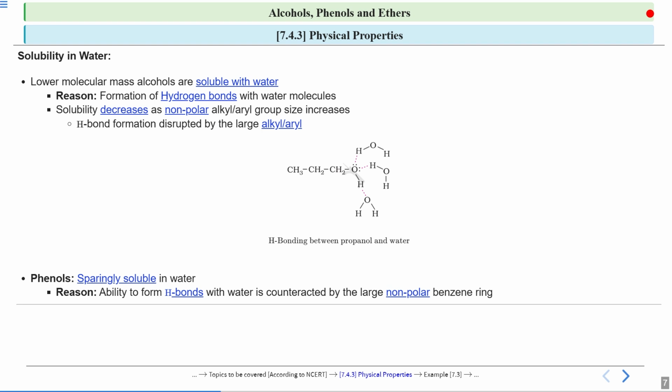But in phenols you have a benzene ring, and that benzene ring is non-polar in nature because it is made up of carbon atoms, so there is no polarity in the benzene ring. So your ability to form hydrogen bonds is counteracted by this non-polar benzene ring. So these are sparingly soluble in water, and lower molecular mass alcohols are more soluble in water. I hope this solubility in water point is clear to you.